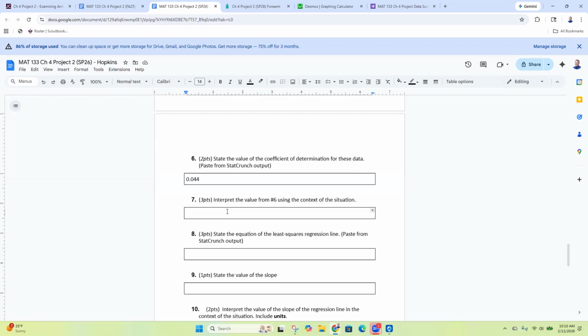All right, so this as a percent. What is this as a percent? Can someone tell me? Yeah, there we go. 4.4%. Okay, we say 4.4% of the total variation in the Y value.